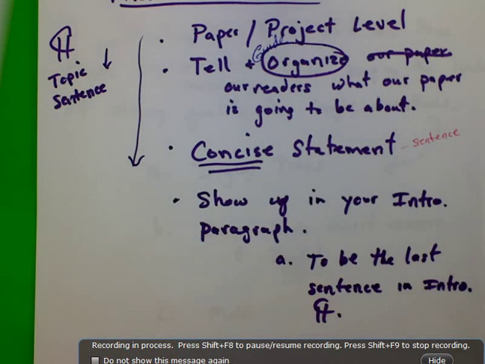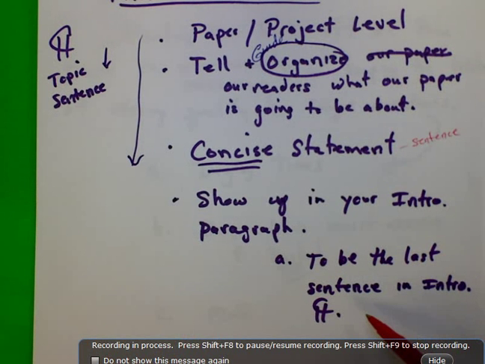It should show up in your introductory paragraph, and it's going to be the last sentence in that intro paragraph, and that has to do with transitioning, moving from one idea into the next. If you tell your reader exactly what your thesis statement is, and then jump right into your body paragraphs, that makes sense.